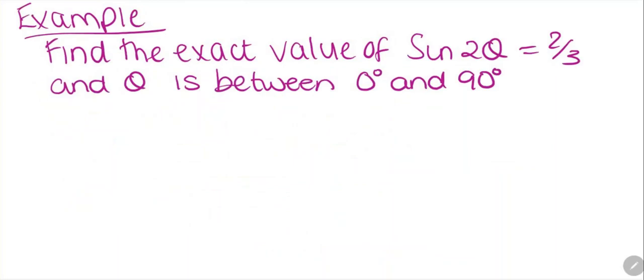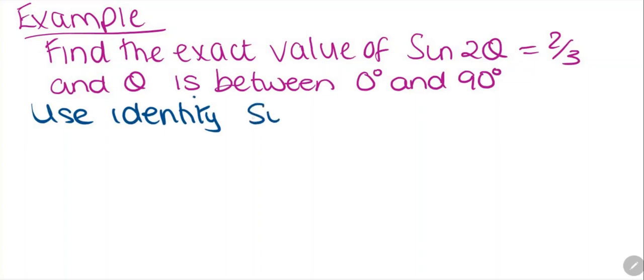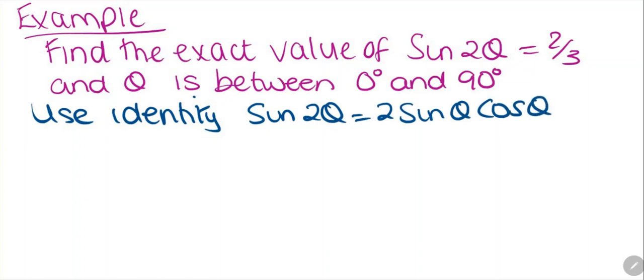So the example: find the exact value of sine 2 theta when sine theta equals 2/3 and theta is between 0 and 90. So we need to use the identity sine 2 theta is equal to 2 sine theta multiplied by cosine theta.